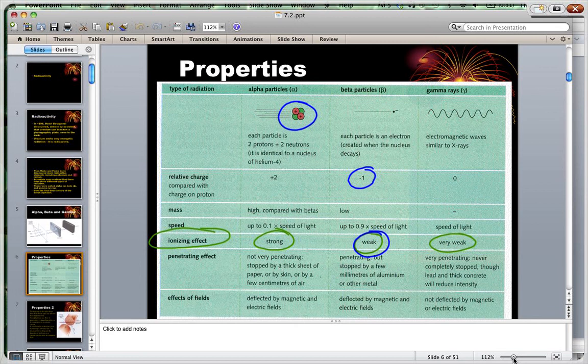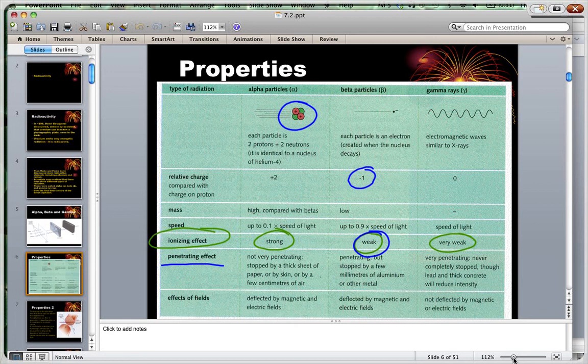Now, what's important also is this idea of the penetrating effect. And this has got a great importance because if you are wanting to protect yourself from, for instance, some sort of radioactive decay process, and you have got an alpha particle, it's not difficult to protect yourself. You just get some paper and protect yourself.